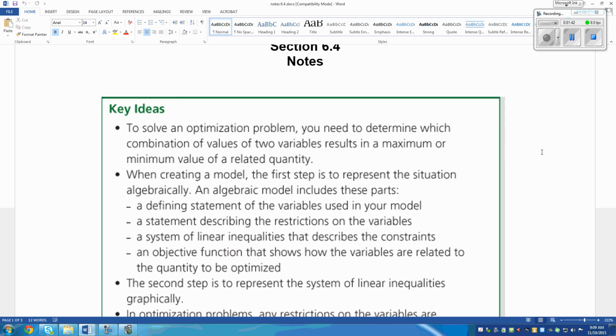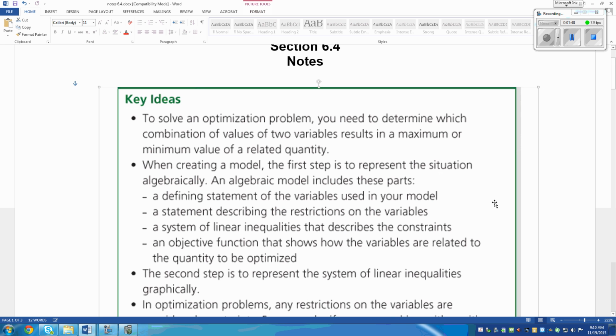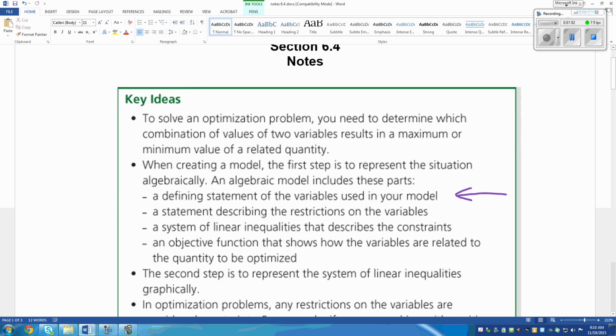When you create a model, the first step is to define the variables. Your second step is to create restrictions, okay? Those are really constraints.